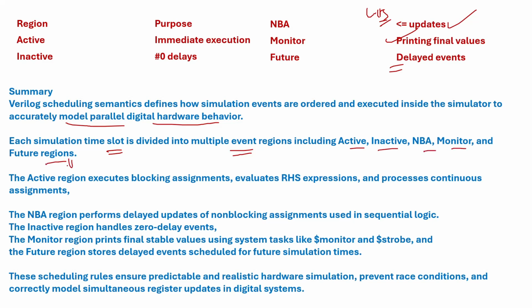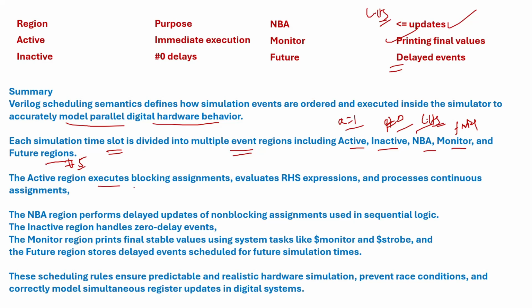So these delays will be executed in the future region, and the monitor region prints final values. The NBA region updates the LHS. In the inactive region, #0 delays take place. In the active region, all the blocking statements and $display statements are executed.